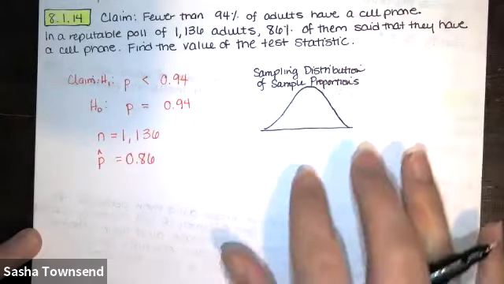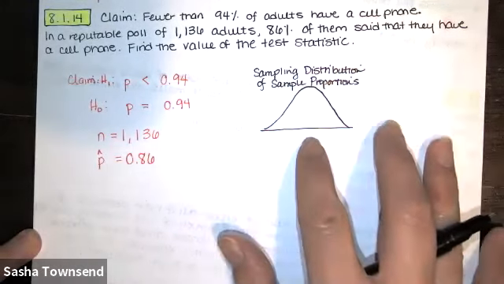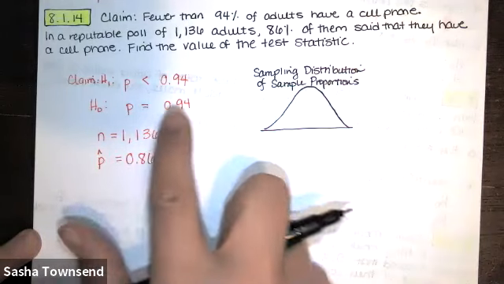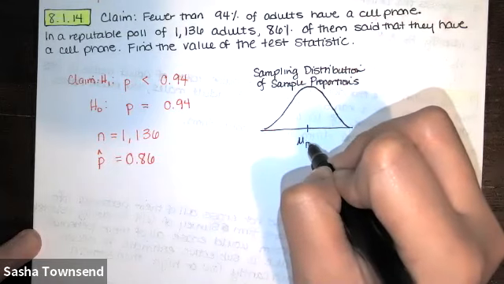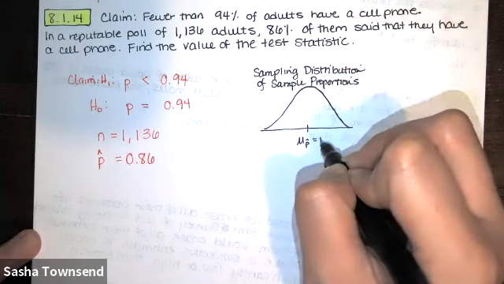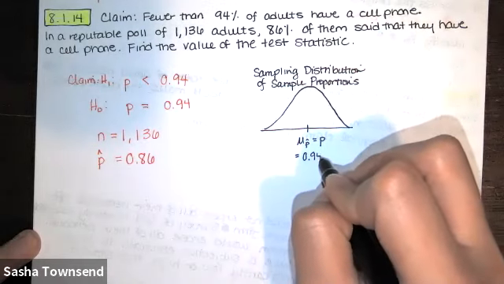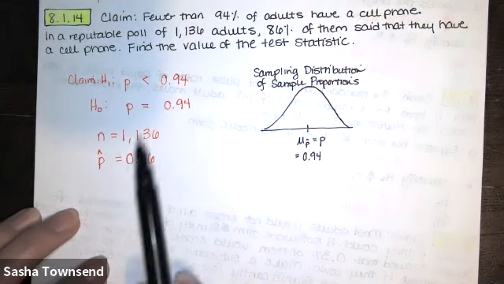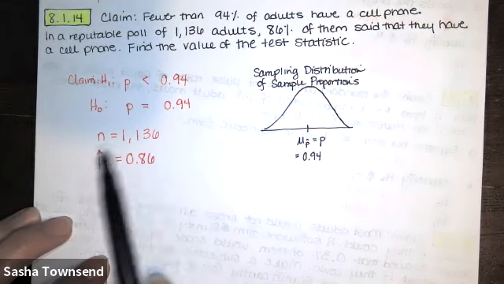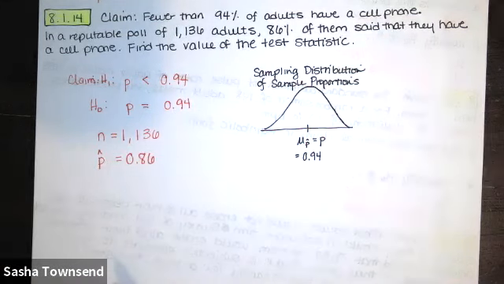If the null is true, then the mean of the sample proportions is equal to the population proportion, which is this 0.94. And we're asking ourselves, if this is true, how rare is this? How many standard deviations is this above or below that mean?